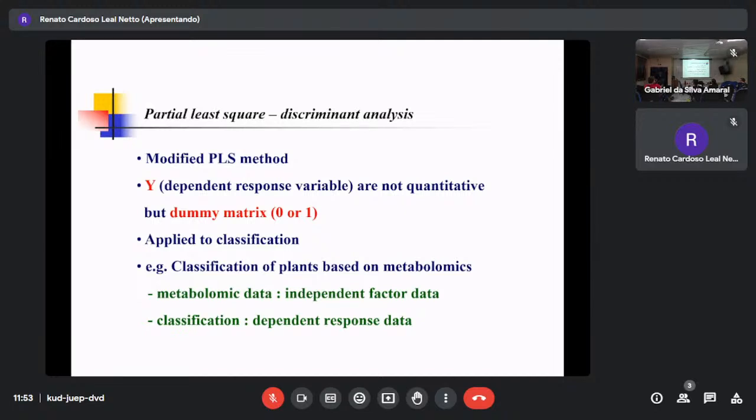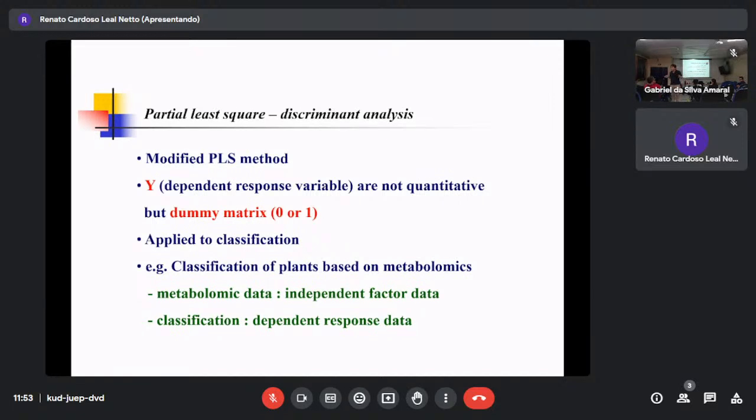For example, for a Korean sample, the data matrix has three variables: Korean, Brazilian, and Japanese. If it is Korean, Korean is 1, Brazilian 0, and Japanese 0. If it is Brazilian, Korean is 0, Brazilian 1, and Japanese 0.